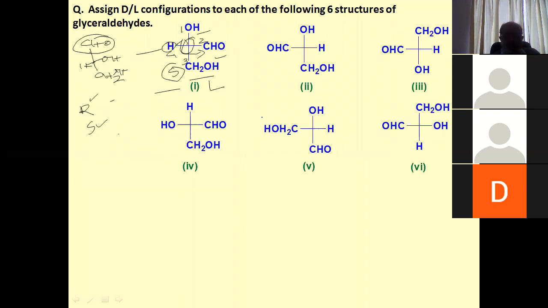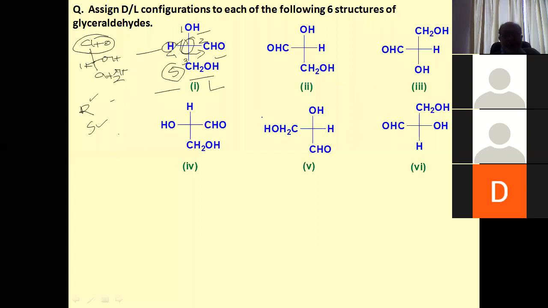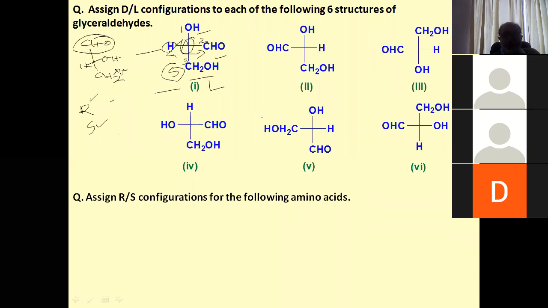Let me come to the next exercise. Assign RS configuration for the following amino acids. Before I take this exercise, what we said: all naturally occurring amino acids have L configuration, right?